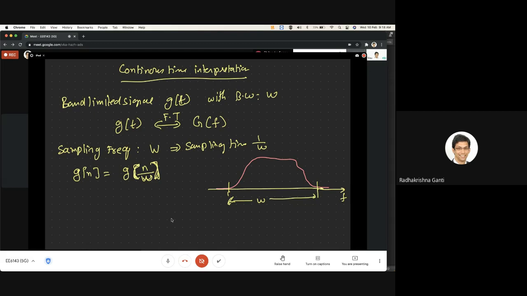Now suppose I take an N-point FFT for this. It turns out that this is equivalent, except for a scaling factor, to G of k times W by N. I have my sequence g of n, I take N of these points and take an N-point FFT, then I get G of kW by N. What this does is take the bandwidth and divide it into N parts.